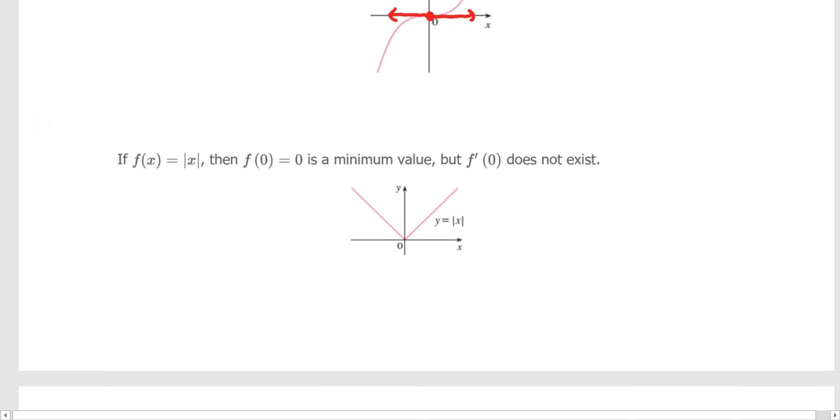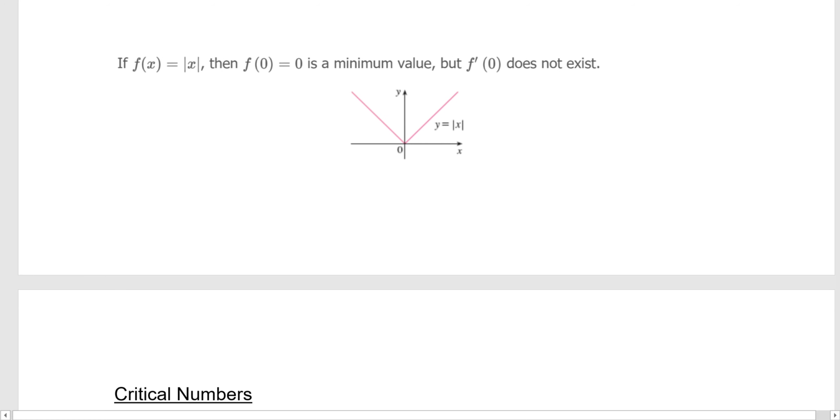All right, and then another one we have to be careful of is f of x equals the absolute value of x. We can tell, and we should know, that f of 0 equals 0 is a minimum value, right at the origin. That's clearly a relative minimum because it changes from decreasing to increasing. But this does not mean that f prime of 0 also equals 0.